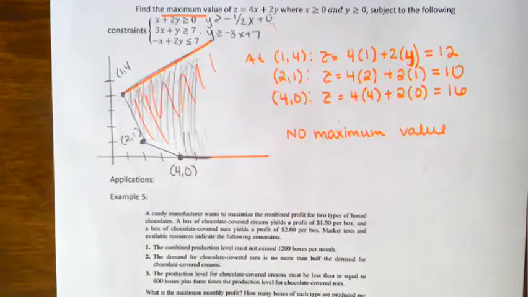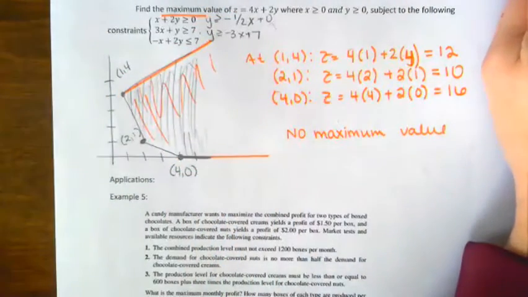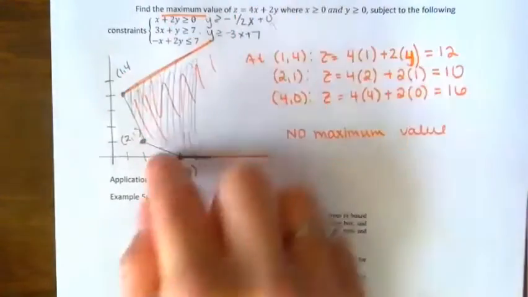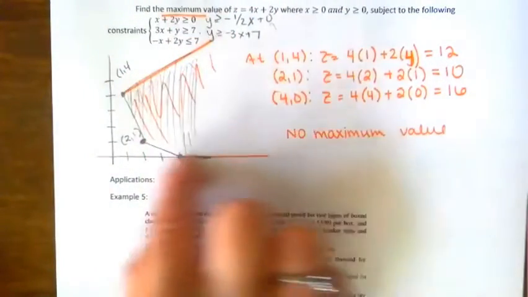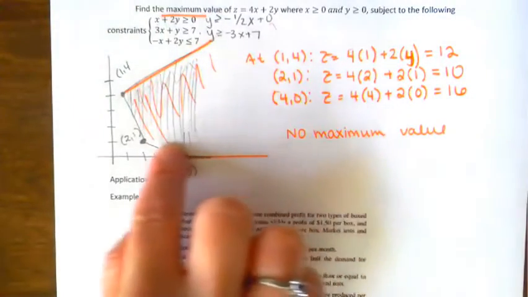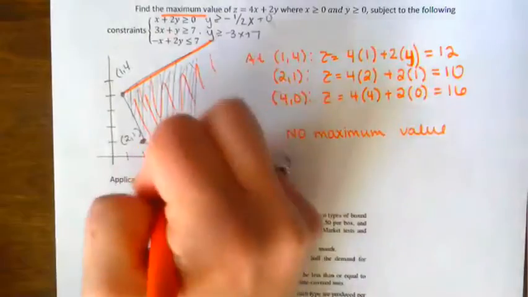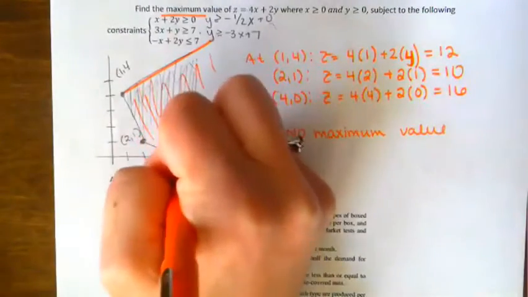So maximum is the highest, right? If this keeps going up, we're never ending at the top, are we? But at the bottom here, we're bounded at the end, aren't we? At the minimum value, we are bounded here at the lowest point, right? We're talking max and min, which are y values.